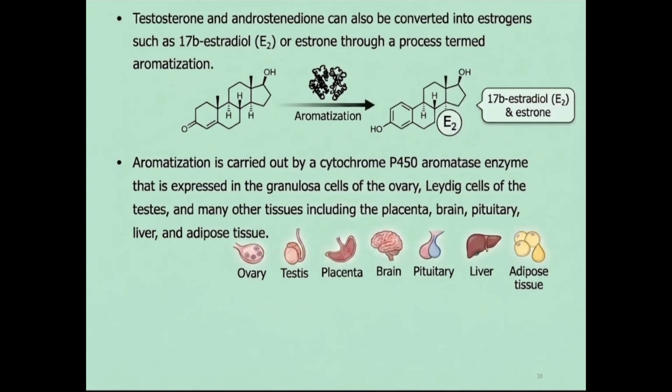Aromatization is carried out by a cytochrome, the P450 aromatase enzyme, that is expressed in the granulosa cells of the ovary, Leydig cells of the testes, and many other tissues, including the placenta, brain, pituitary gland, liver, and adipose tissues. Indeed, many of the effects of circulating testosterone are owing to conversion into either 5-alpha dihydrotestosterone or E2 within the target tissues.